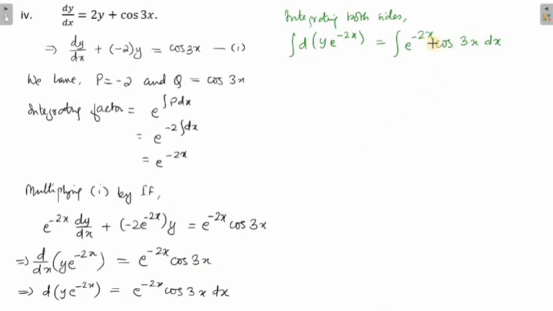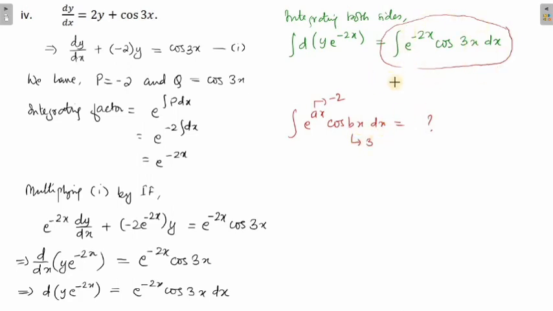Now this integral you have seen in integration by parts. In that particular chapter, if you remember, you have noted down the formula for the integral of e to the power ax cos bx dx. Whatever the formula is, there you can write a as minus 2 and b as 3, so you get your integral.